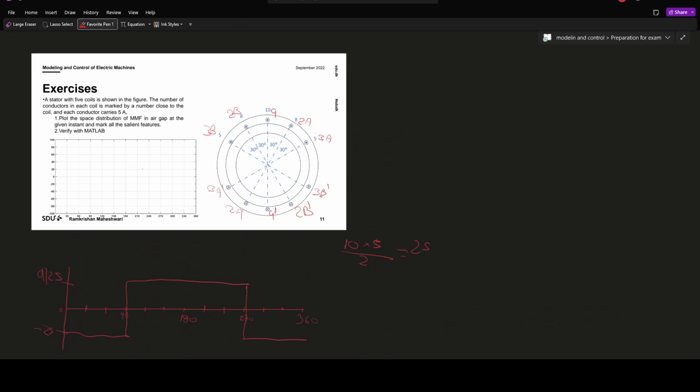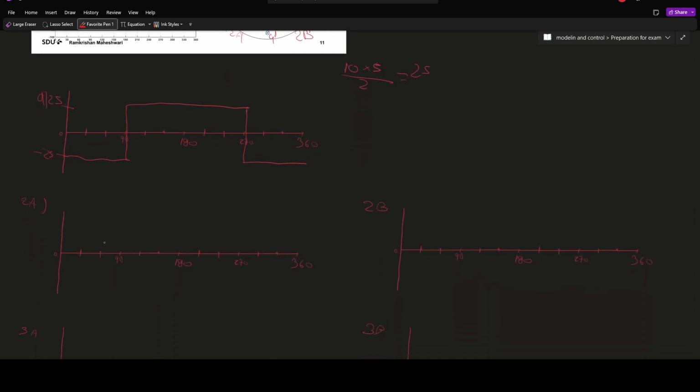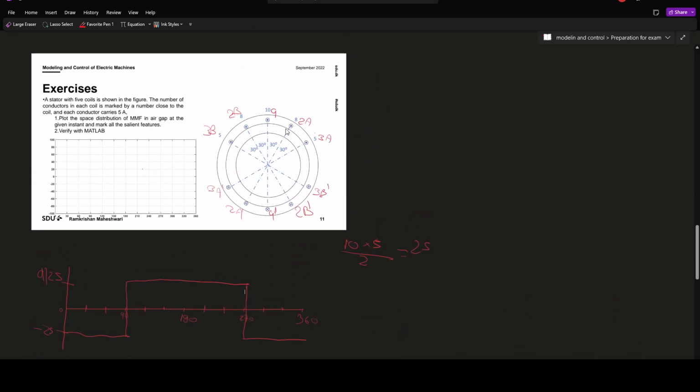If you notice, 2A is just 30 degrees behind coil A. So we are gonna have something similar here, but this time the flux is going out from 0 to 60. So it's negative from 0 to 60. And in terms of the magnitude, it is 4 times 5 over 2.